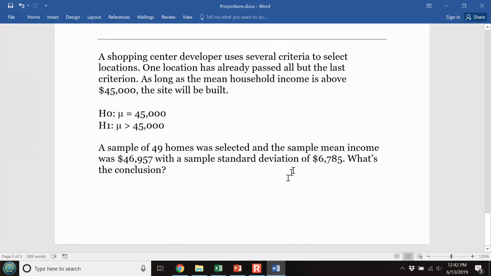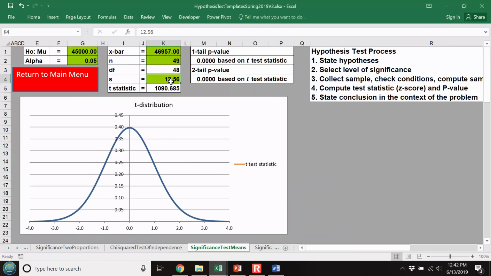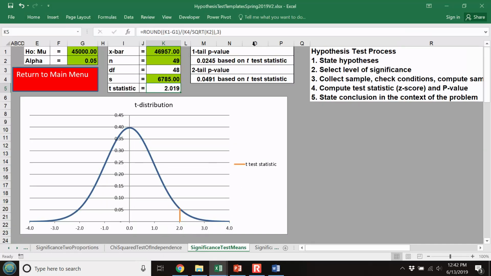And the sample standard deviation was 6,785. It was a one-tailed question, greater than. So I look at the one-tailed p-value. There it is, 2.45%, 0.0245.